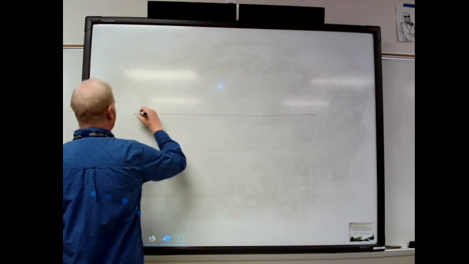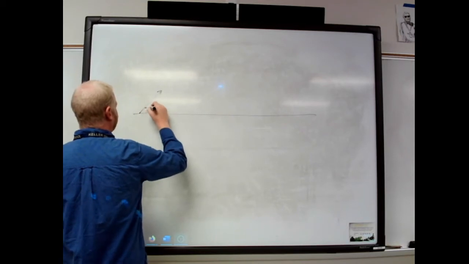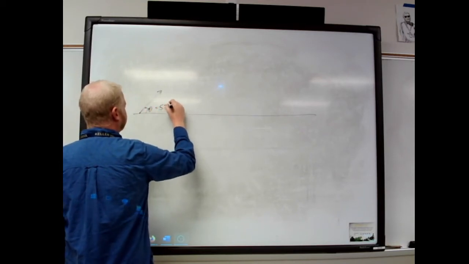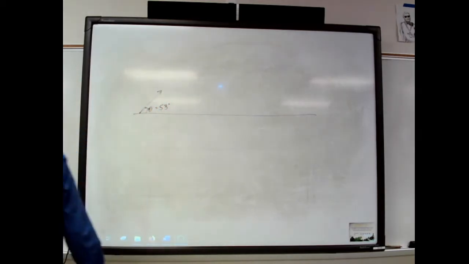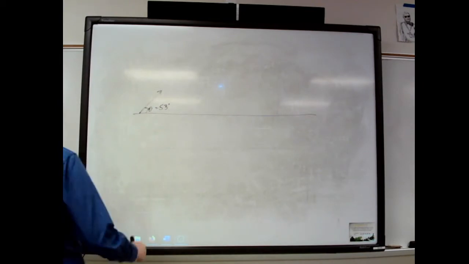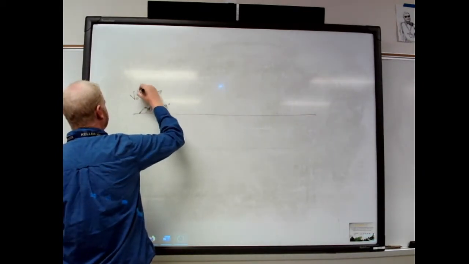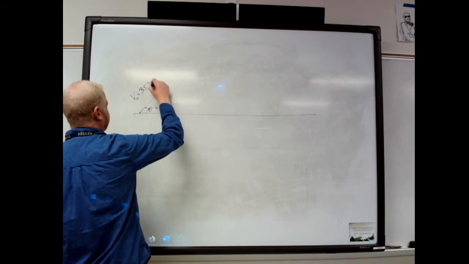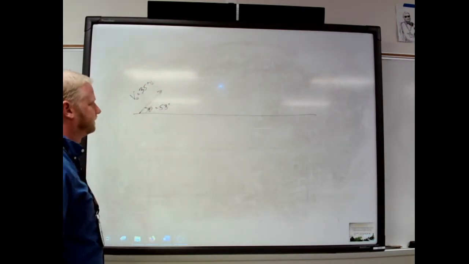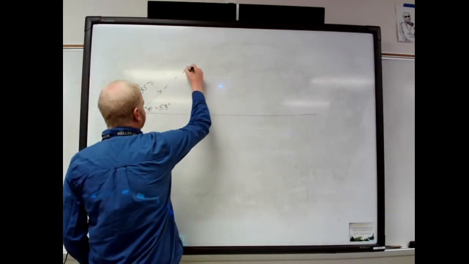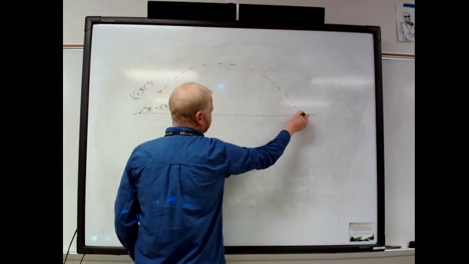We've got a ball that is launched at an angle of 53 degrees, and it has an initial velocity of 35 meters per second. It follows a parabolic trajectory.